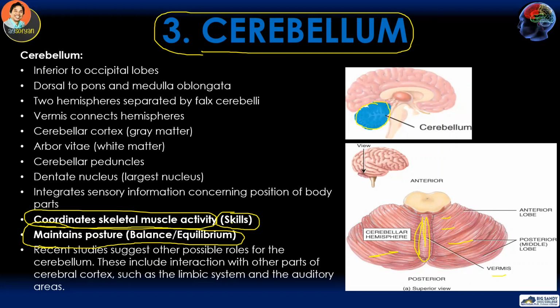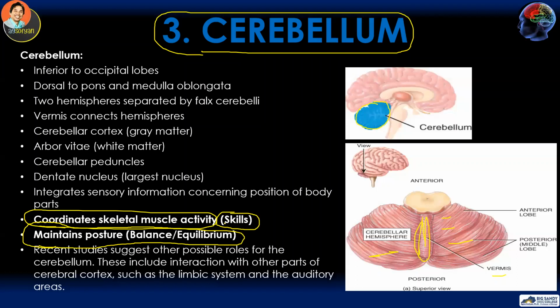So the syphilis bacteria, which is Treponema pallidum, damages the posterior columns of the spinal cord, and the posterior column is the one that carries sensations of balance from our body, from our joints, for example, into our cerebellum.